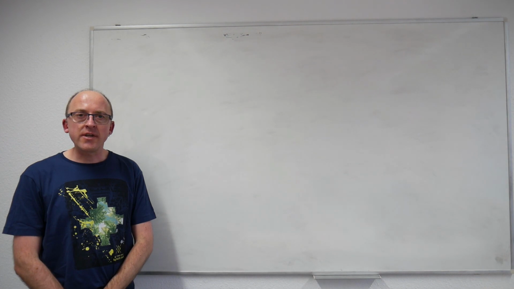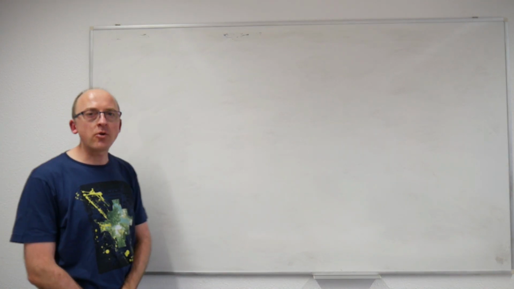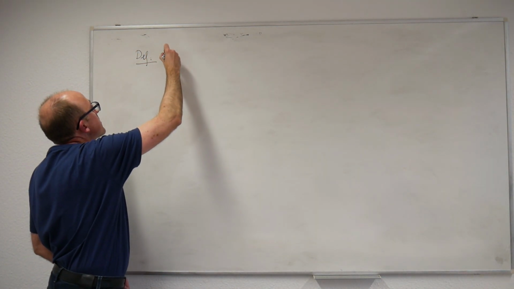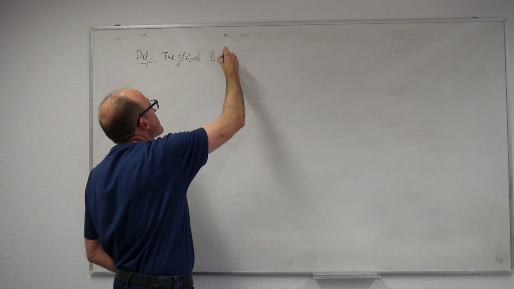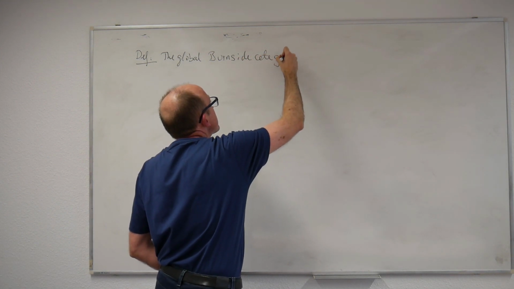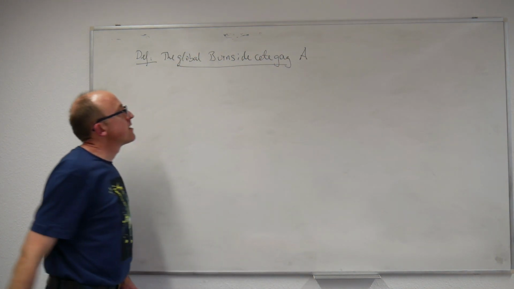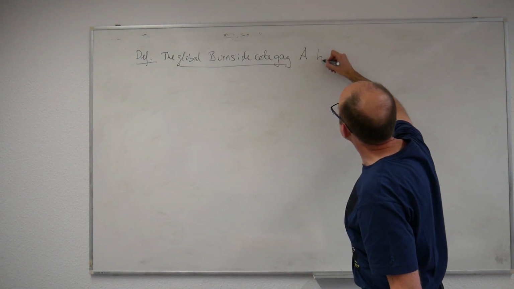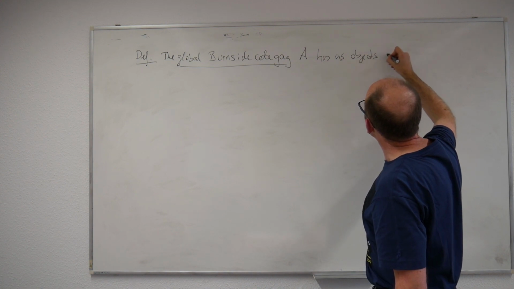I package all the natural operations between the equivariant homotopy groups into a category that I call the global Burnside category. So the global Burnside category, that I denote by A. So in the writings, this is a bold A, but now here it's just a straight A. It has as objects all compact Lie groups.